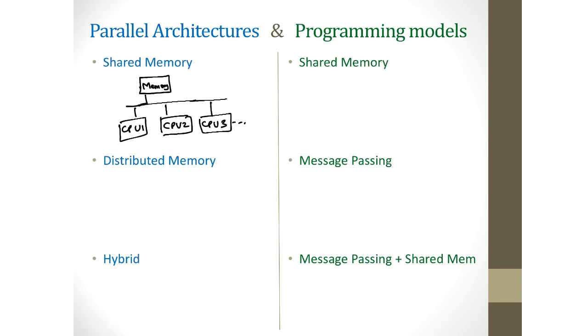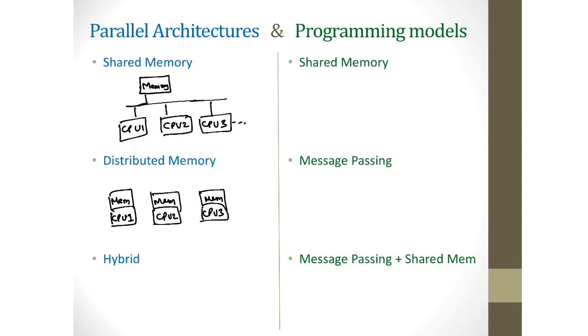So what happens in distributed memory? In distributed memory, every CPU has its own memory unit. Now obviously, if you're trying to solve a large problem and you're trying to do it in parallel, you need to divide the problem and you need to sync up at various points.